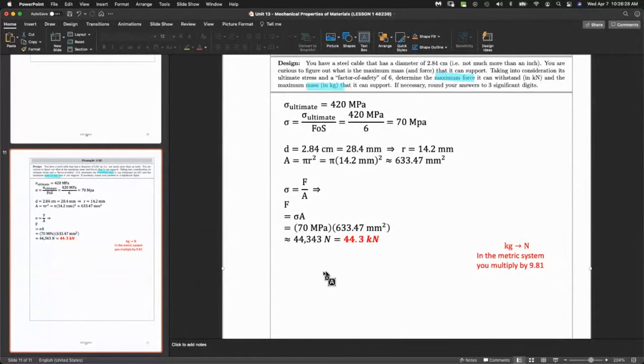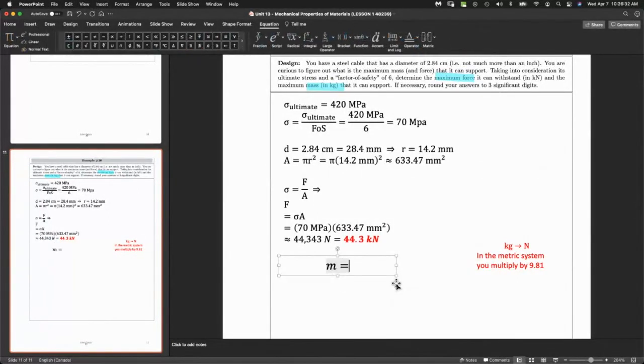So we can finish off the question now and say that the mass is equal to 44,343 newtons divided by 9.81, and that's approximately 4520 kilograms. So that's the end of the question.